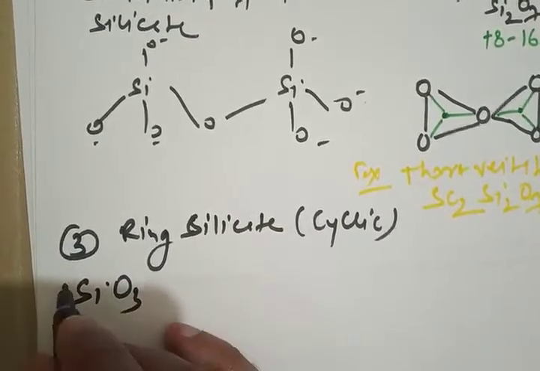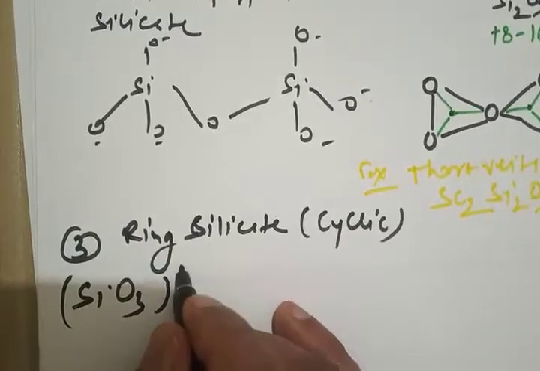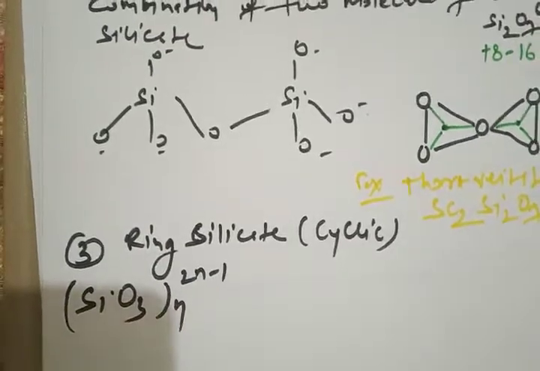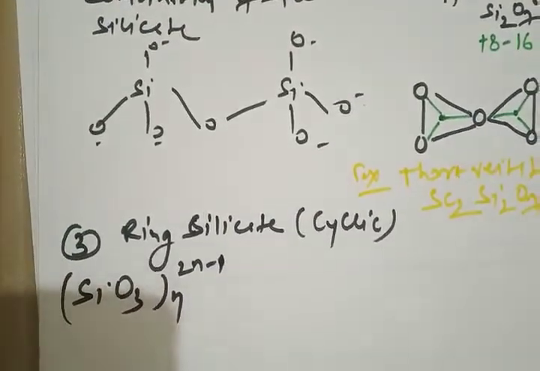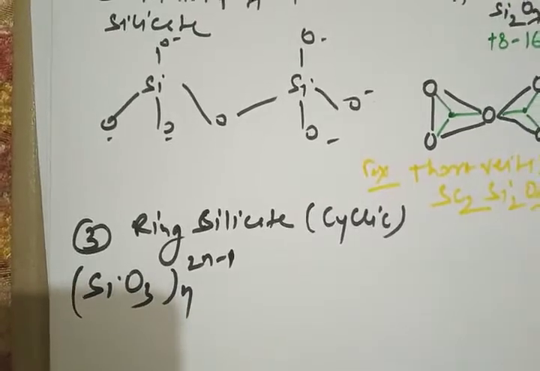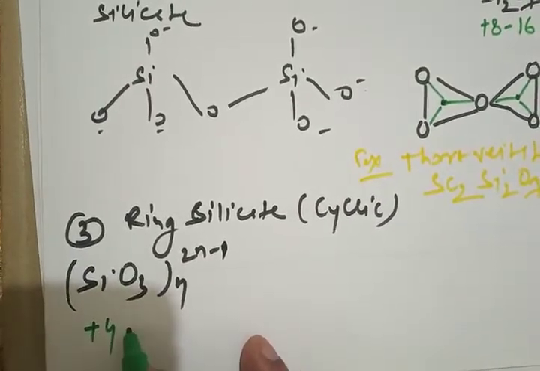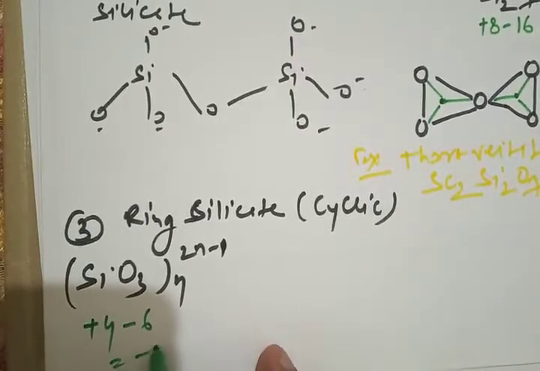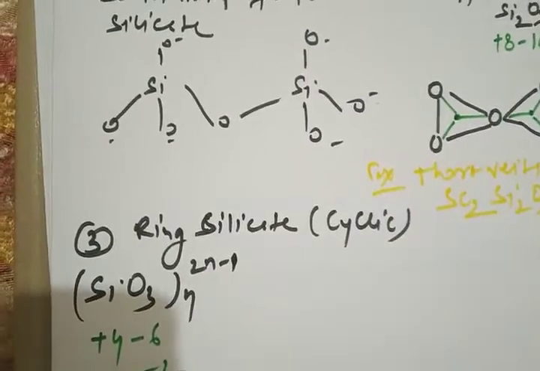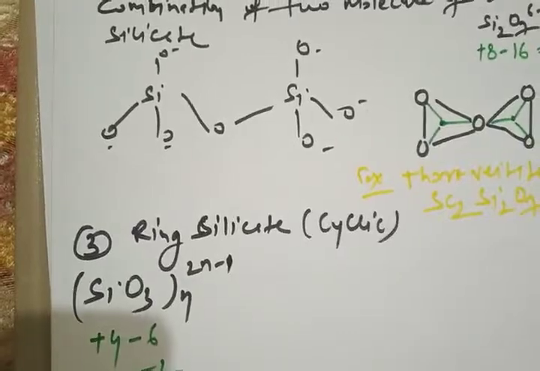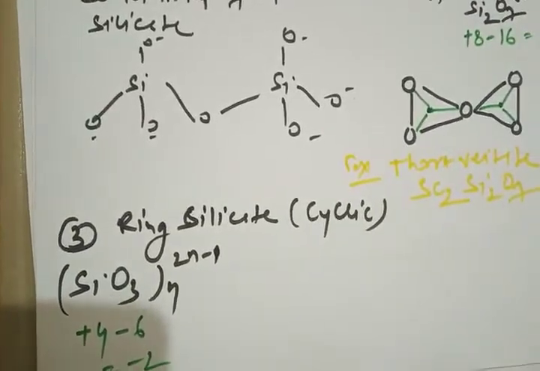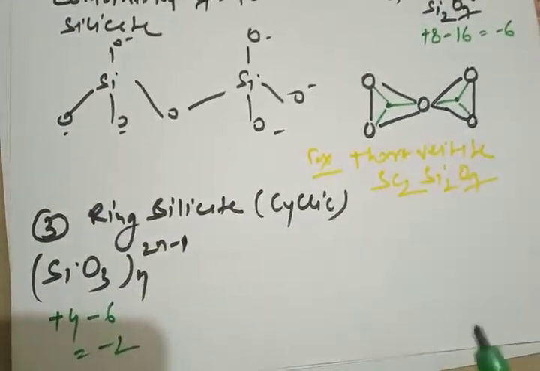SiO3 whole n, 2n negative. Okay, so you can easily identify that Si is +4, oxygen is -2, so this will give -2, so that's -2, and n is for the number of units, how many rings there are. It can be 3, 4, 5, any number.